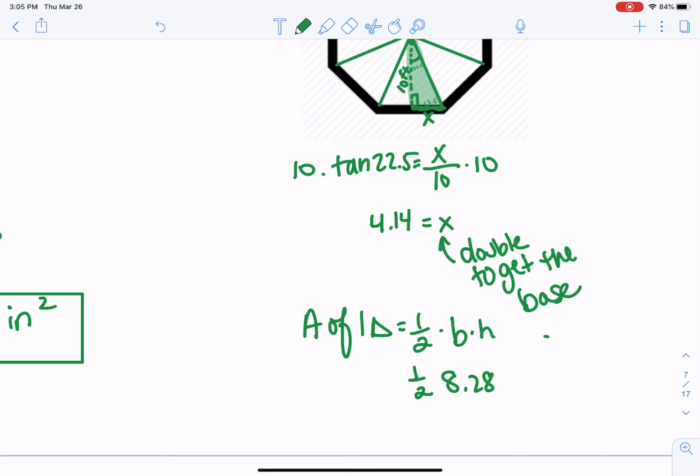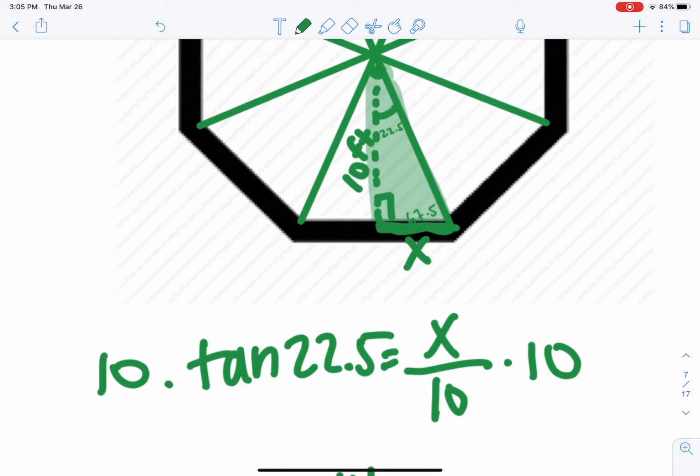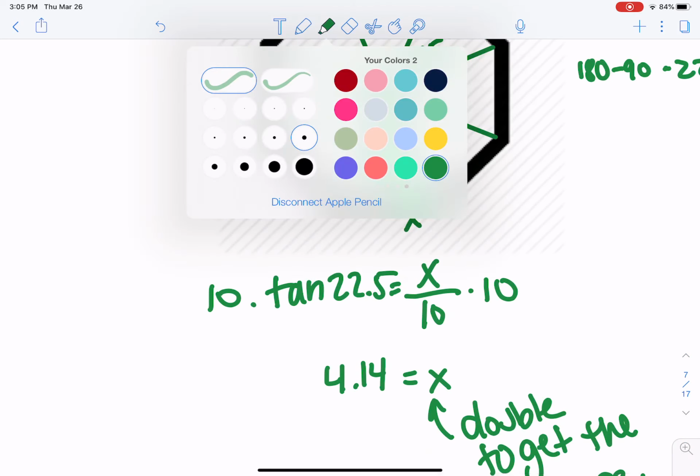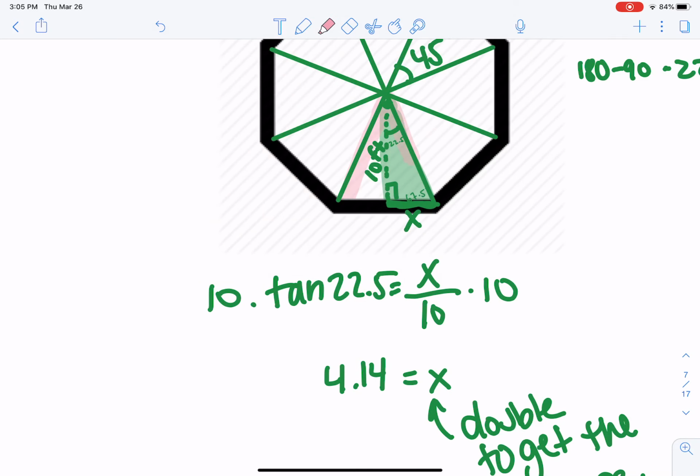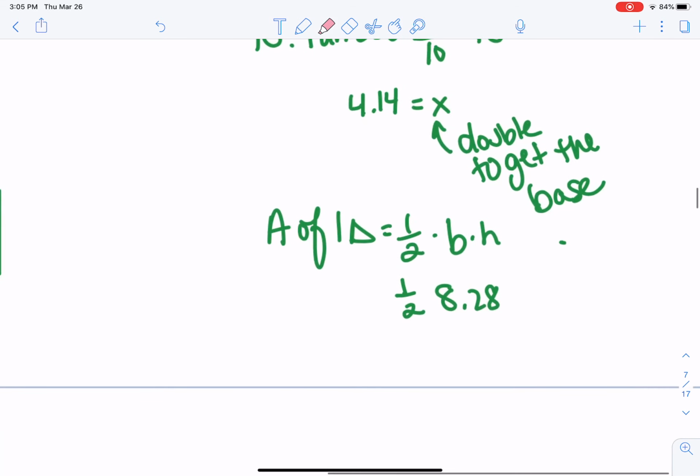They just use the 4.14, but don't forget that's only half of the base of the triangle because we're now looking at this light pink triangle, that whole thing. So that times the height, which is the apothem we were given, which is 10, will give us 41.42. So that is one of the triangles.